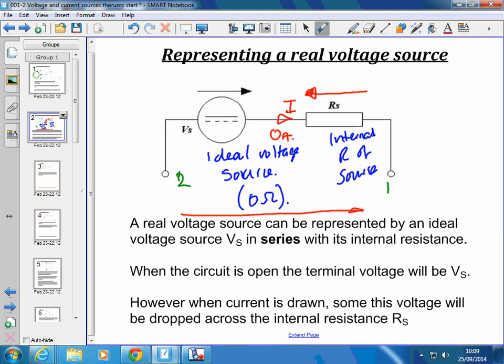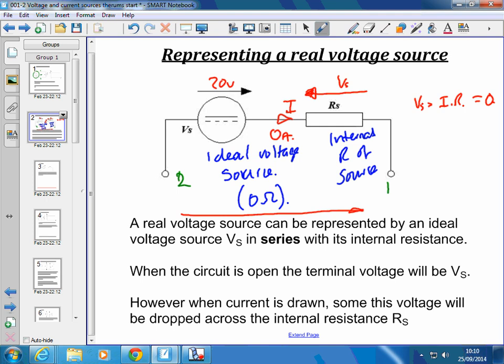If we apply Ohm's law to RS, that voltage there is I times R, is it not? 0 times whatever the value of RS is 0. So if this is 20 volts, we're dropping nothing across there.